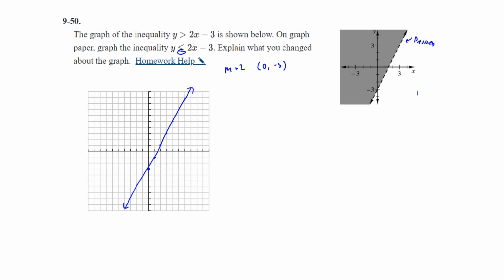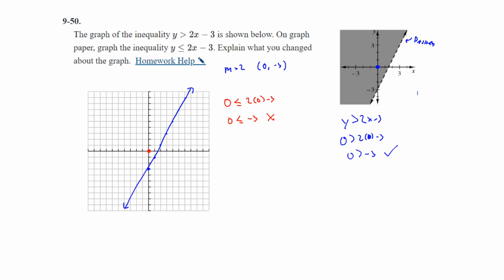So that's one difference. And then the other thing is that when we test this point 0, 0 into the inequality y is greater than 2x minus 3, 0 is greater than 2 times 0 minus 3, 0 is greater than negative 3. That is true. Where when we test the point 0, 0 on ours, it'll be 0 is less than or equal to 2 times 0 minus 3. Is 0 less than or equal to negative 3?